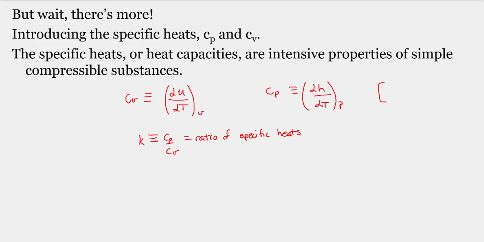So let's take internal energy. This is a specific internal energy. So we know it's going to have units of energy divided by mass. And we know that the temperature has units of Kelvin because remember, we talked about this before. We need to work in an absolute temperature scale at all times in thermodynamics. No degrees Celsius, no degrees Fahrenheit.